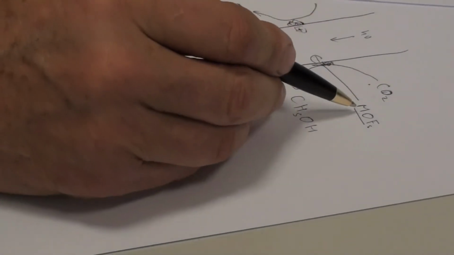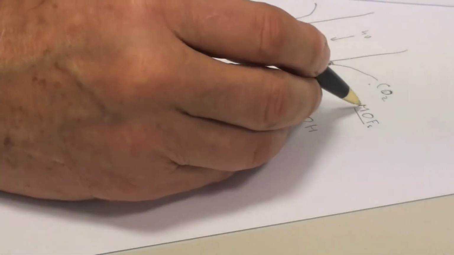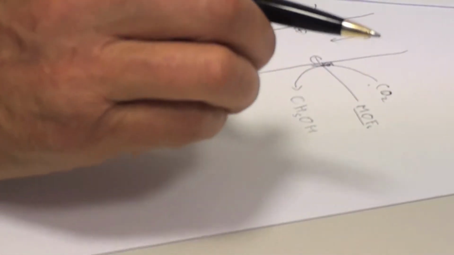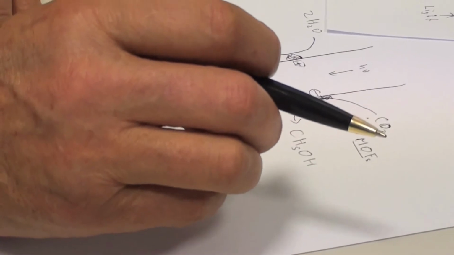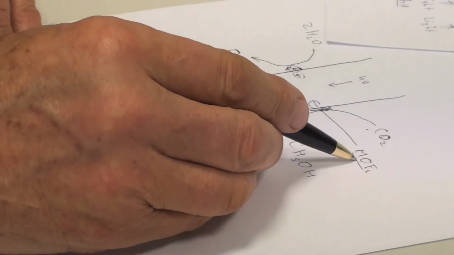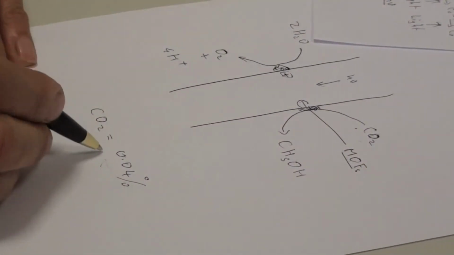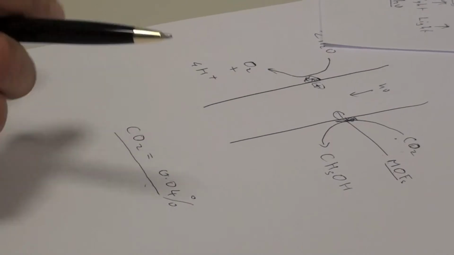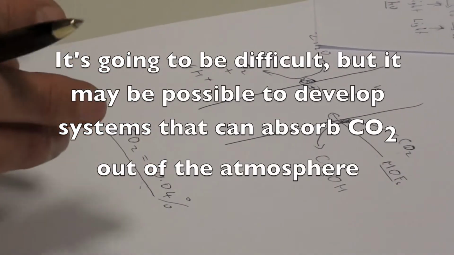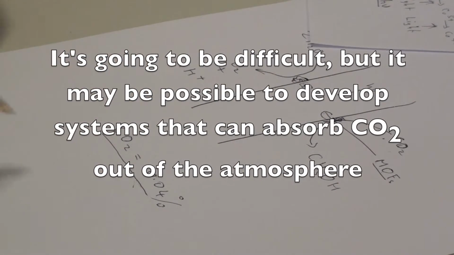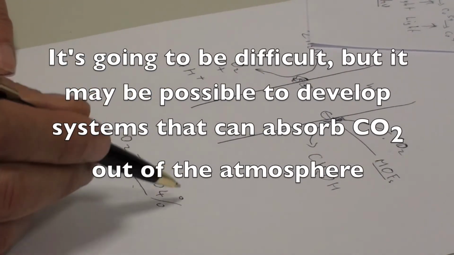And so by using a MOF, a metal organic framework, with a catalyst in it, you've increased the concentration of your CO2, and that would be much higher than the atmospheric level. So it's going to be difficult, but it may be possible to develop systems that can absorb CO2 out of the atmosphere. But as you can see, it's quite hard to do that.